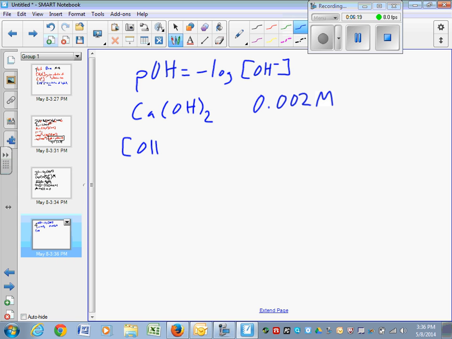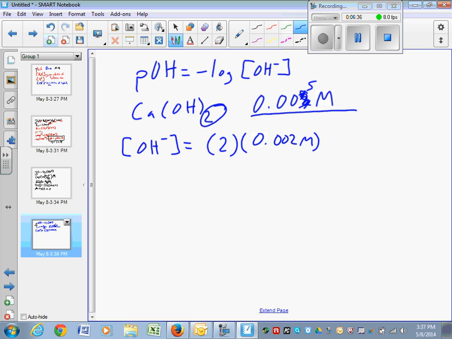So first I find the hydroxide concentration. And that's 2 hydroxides times my concentration, 0.02 molar. Sorry, that should be 0.005. The reason I'm changing it is that I don't have to use a calculator to find the log. Okay, so what do I get there? I get equals 0.01 molar.